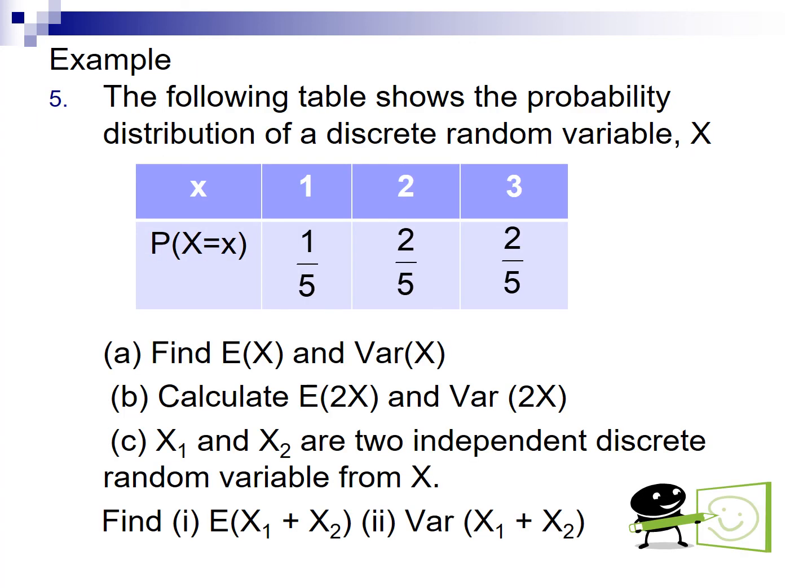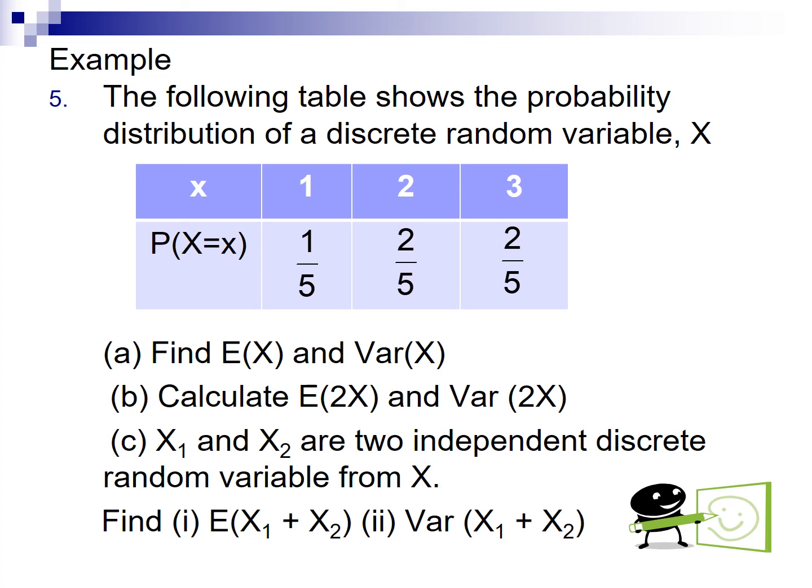Okay, the last example, we have a discrete random variable X. The first two tasks are quite simple, so you can do on your own. But part C, you have X1 and X2.